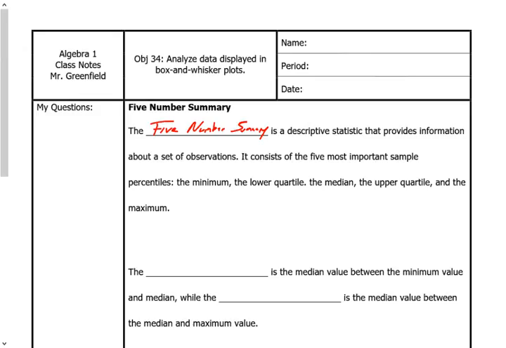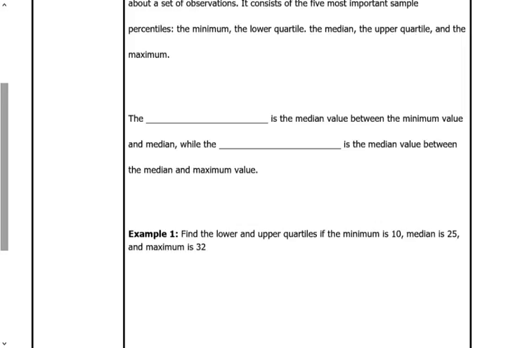The lower quartile, which I'll abbreviate Q1, is the middle between the minimum and the median. And the upper quartile, abbreviated Q3, is the middle value between the median and the maximum.